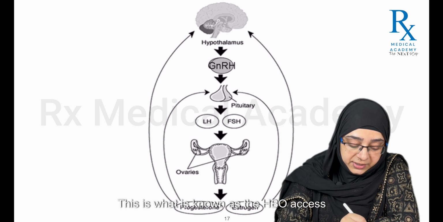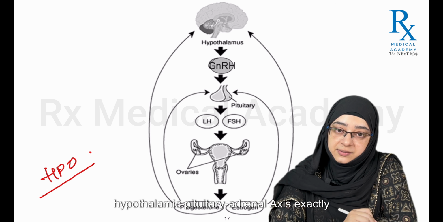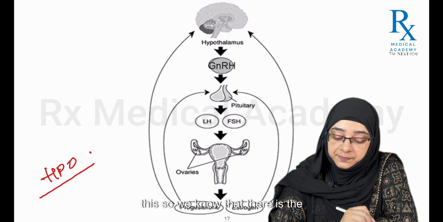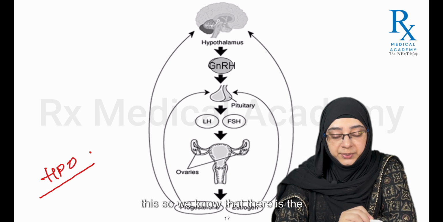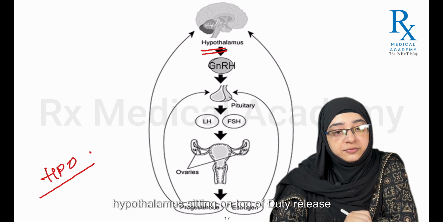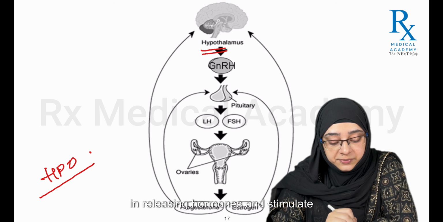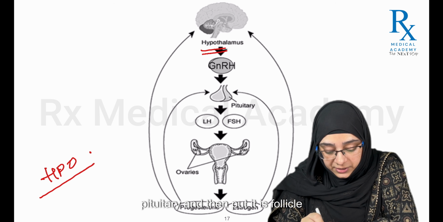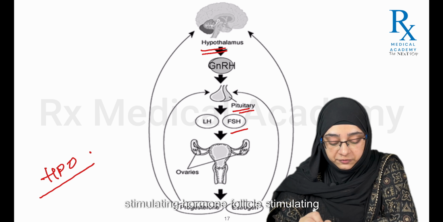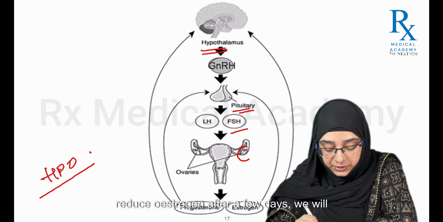This is what is known as the HPO axis, hypothalamic pituitary ovarian axis. What exactly is this? So we know that there is this hypothalamus sitting on top of pituitary. It releases gonadotropin releasing hormones. They go and stimulate pituitary, and then pituitary releases follicle stimulating hormone. Follicle stimulating hormone will go and stimulate the ovary to produce estrogen.